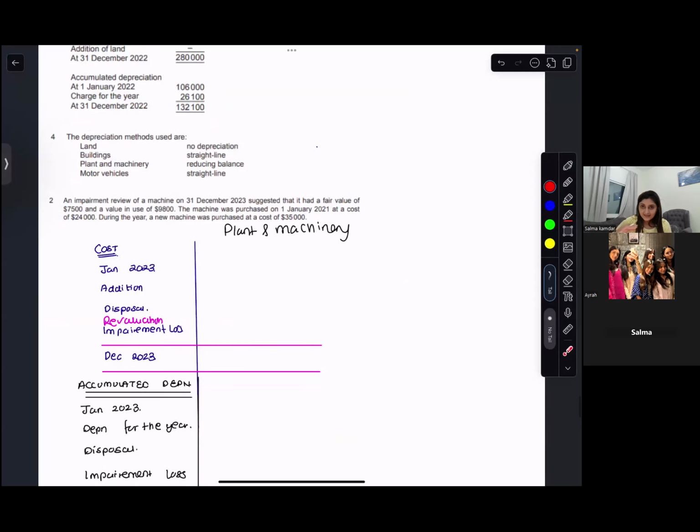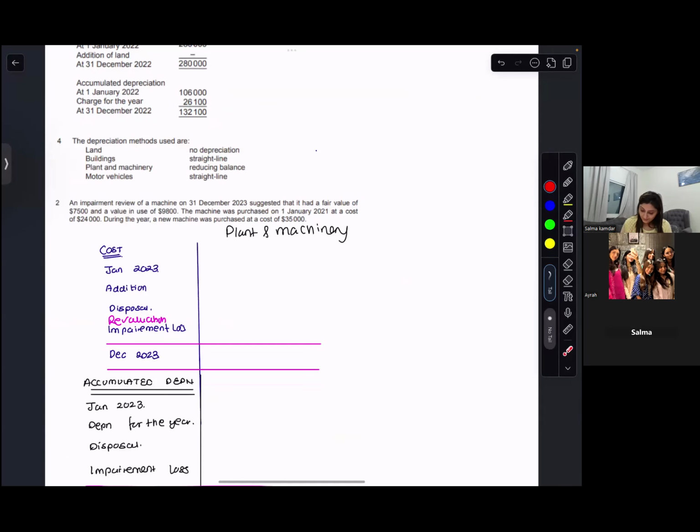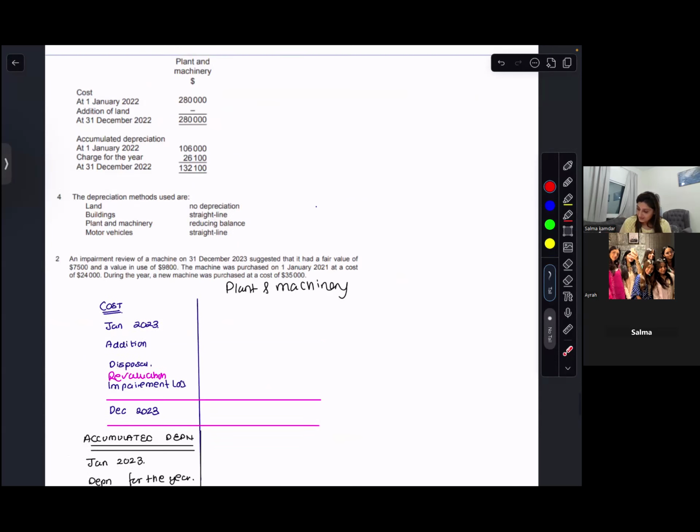We will look at the things that are not going to change. This value on the last date of the previous year becomes my opening balance of plant and machinery on the first date. So I will write the 280,000 over here.